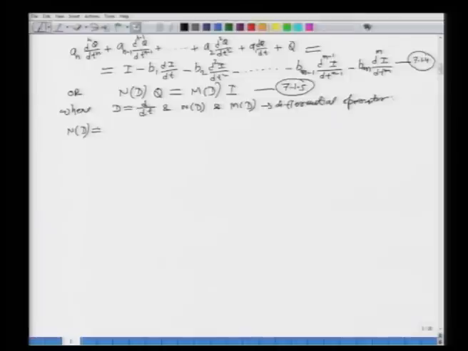If you think about it, it is going to be a_n d^n over dt^n, applied on Q, so I am not writing the Q here, plus a_(n-1) d^(n-1) over dt^(n-1), plus all the way to a_1 d over dt.